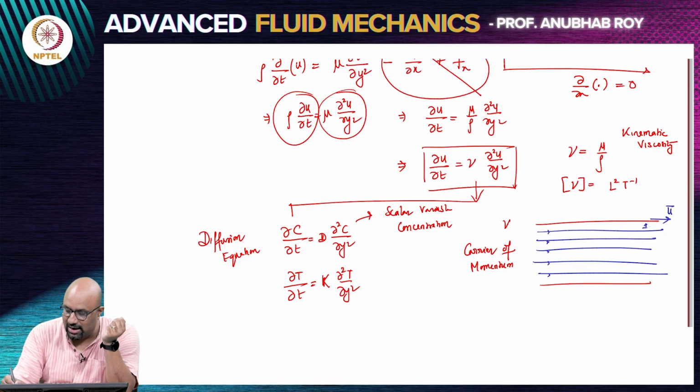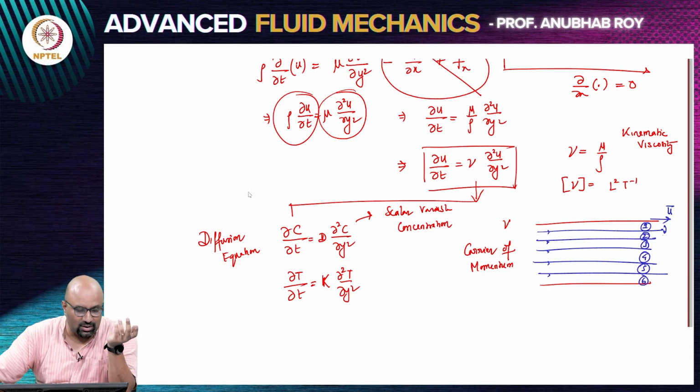Let us label these slabs as 1, 2, 3, 4, 5, 6. As the first slab moves, the only way it can communicate that motion to the second slab is if there is some friction between the two slabs. If they were perfectly frictionless, if there was no viscosity in the problem, then you would not have that momentum transport across these layers. Each layer would be completely oblivious to the other layer.